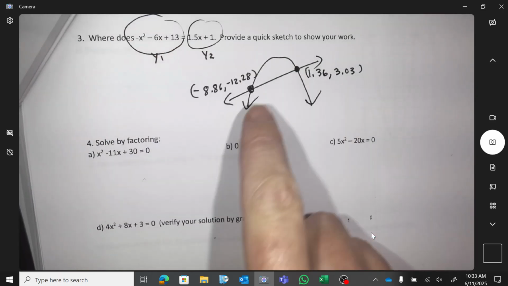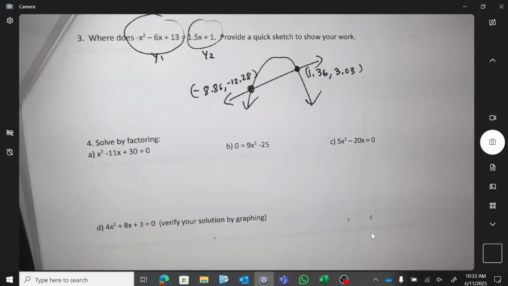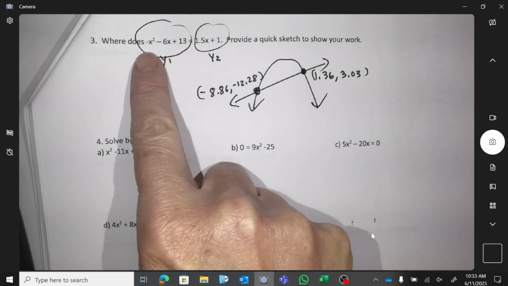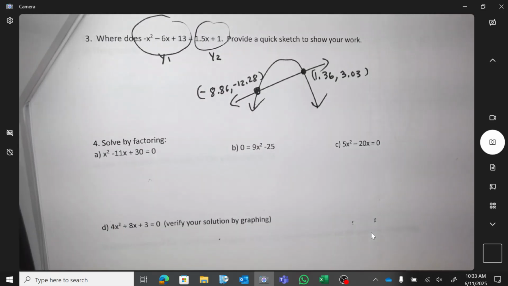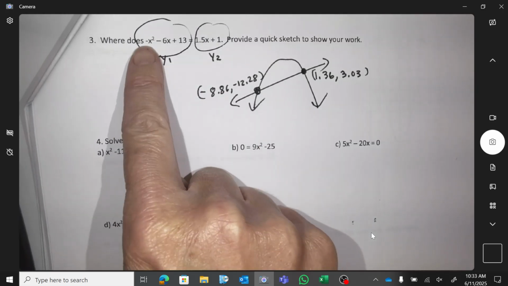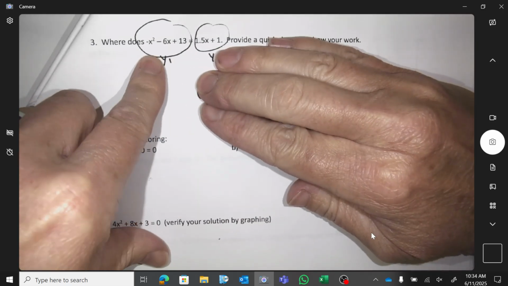Where does this equal this? Well, you just throw them into the two equations, and wherever they equal each other is where they're overlapping. Okay? I actually just had almost the same question on my pre-calc provincial exam, and not a single one of my students got it right either. If you were to solve this algebraically, and you worked it through, what kind of statement would you have written at the very end of this algebra?